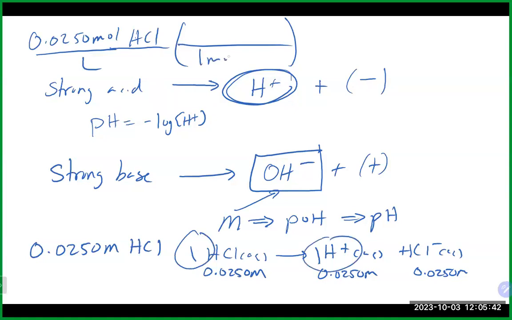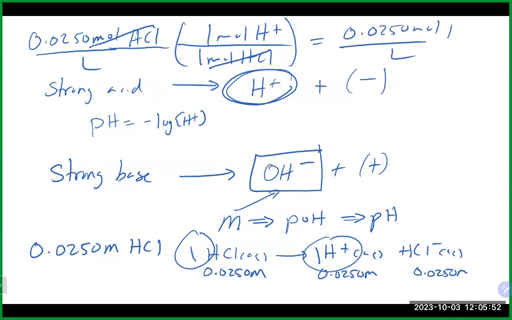So 1 mole of HCl gives me 1 mole of H plus. The moles cancel, and I end up with 0.0250 moles per liter of H plus. So that's the long version of that, but basically the short version is take the coefficient and multiply by the concentration, and you will get the correct concentration. Any questions on that there?